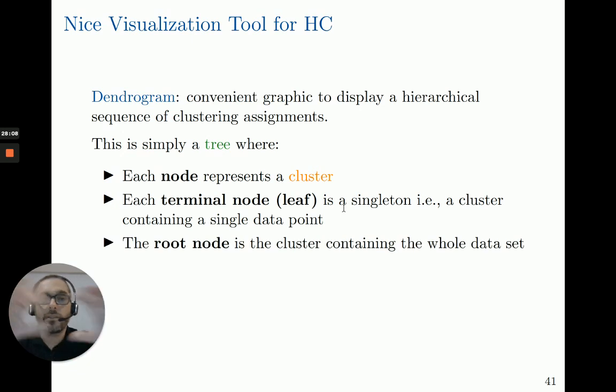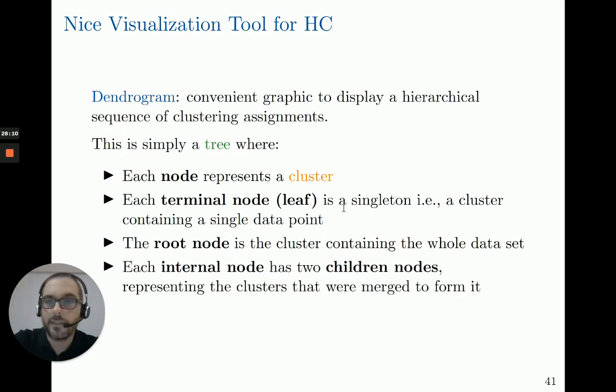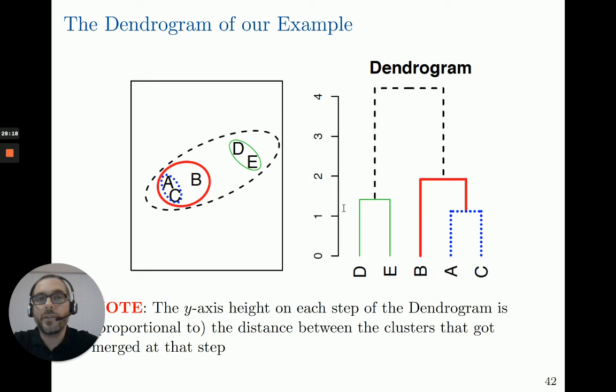The root node is the cluster containing the whole data set, and each internal node has 2 children nodes representing the clusters that are merged to form it. So in our case here, we have all the data, that's the cluster with the dashed line. Then we have a cluster with D and E, a cluster with A and C, and a cluster with A, B, and C. And here we can choose which clusters make more sense.